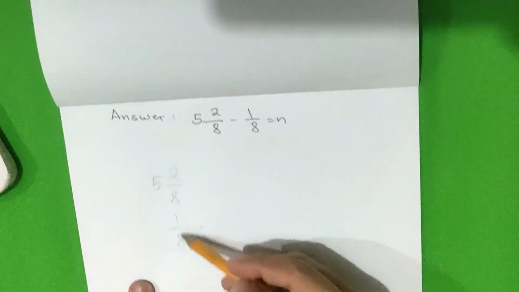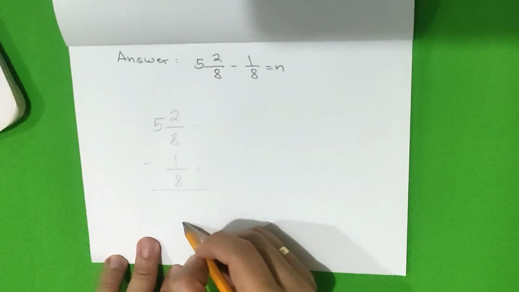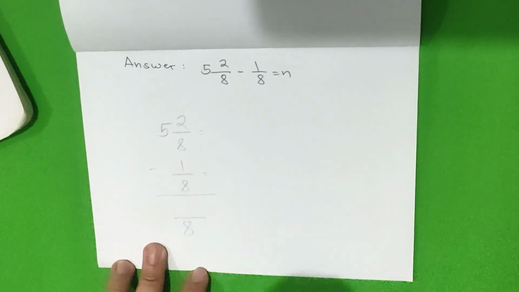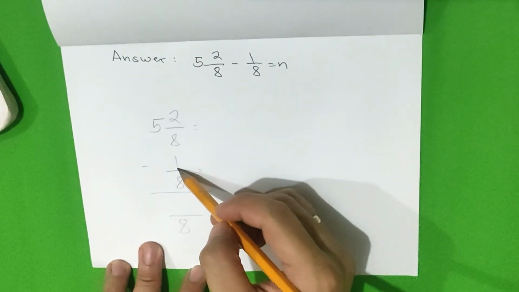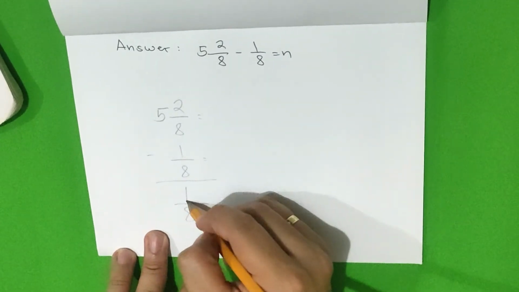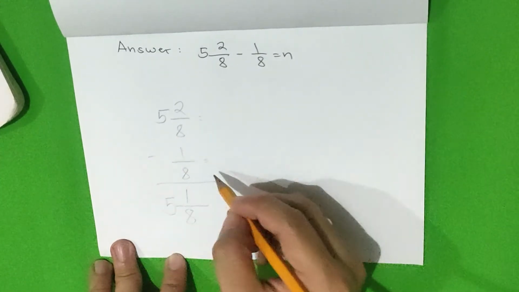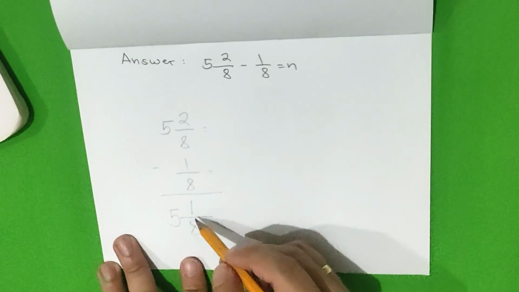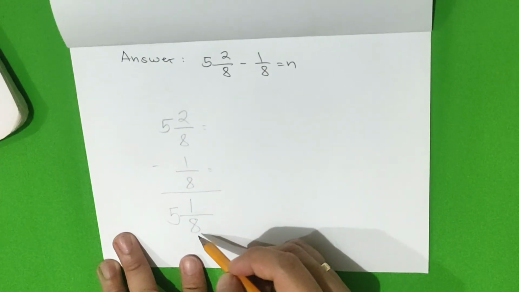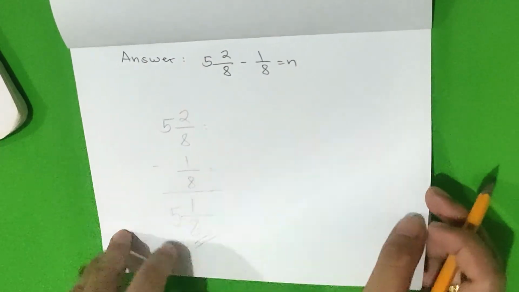Since our denominators are the same, or the set of fractions are similar, let us just copy the denominator 8 and subtract 2 and 1, which is 1. And let's just drop the whole number 5. So, since our difference 5 and 1/8 is at its lowest term, this is our final answer.